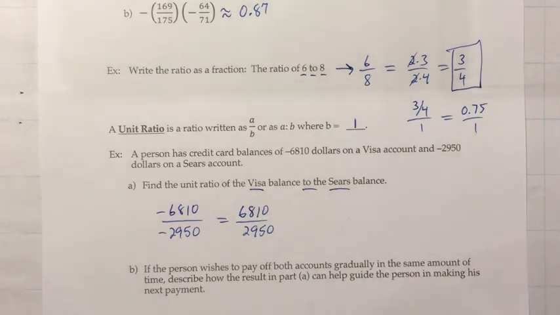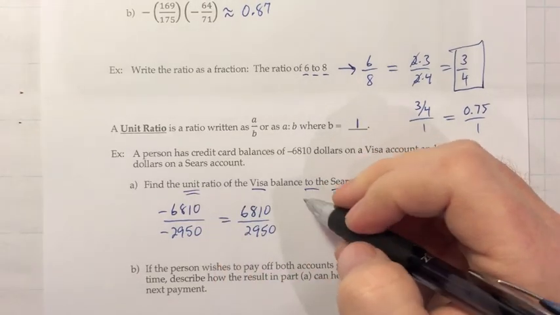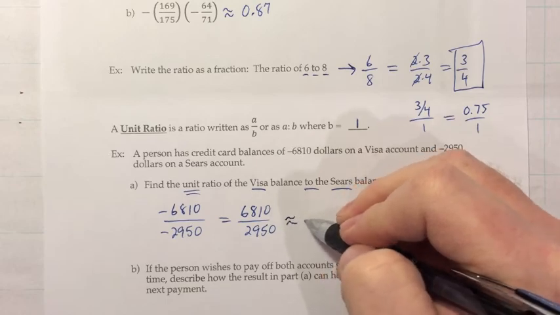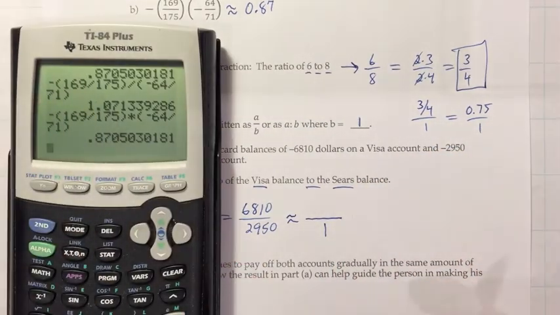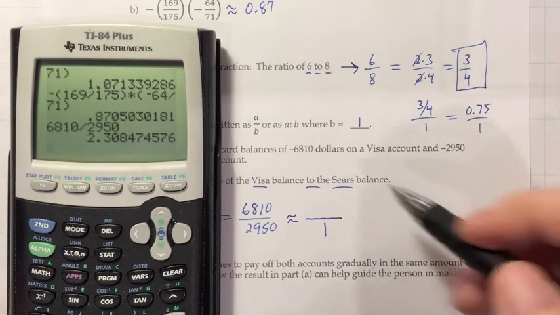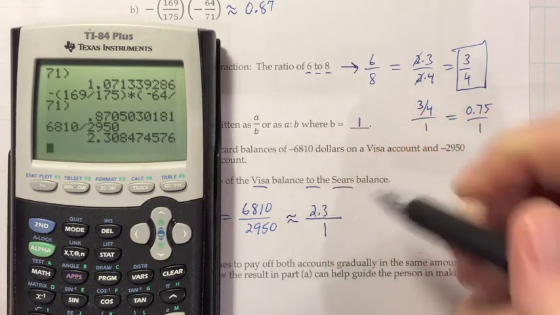And now you could spend a lot of time trying to reduce this and so on, but they want a unit ratio. So if it's going to be a unit ratio, they want the denominator to be 1. So I'm going to go to the calculator and figure out what that division is. 6810 divided by 2950. They didn't give rounding directions here. It is money, so I'll just round it to 2 decimal places, 2.3.